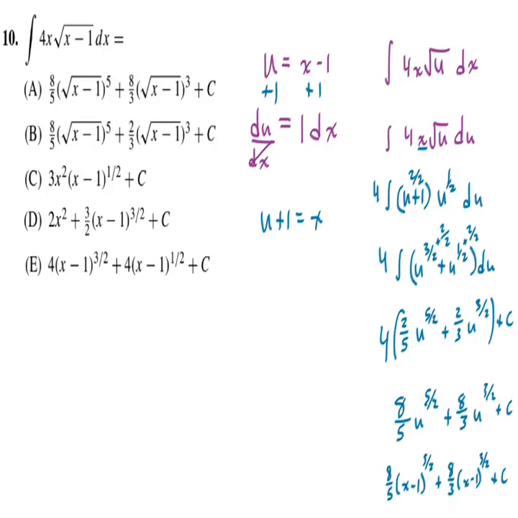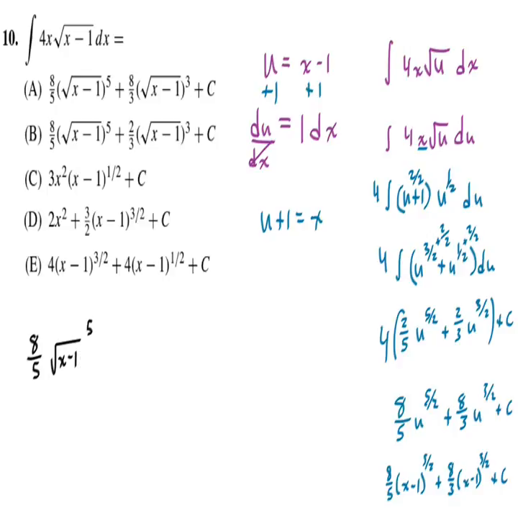Alright, so these 2's, the denominators of these fractions, those are radicals, those are square roots. And so we're going to rewrite that with square roots. So we have 8 over 5, square root of x minus 1. Now that power, the 5, that's a power. That power can go on the inside with the x minus 1, or it can go on the outside.